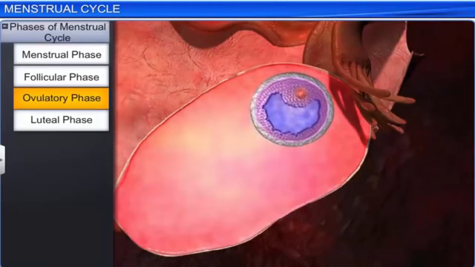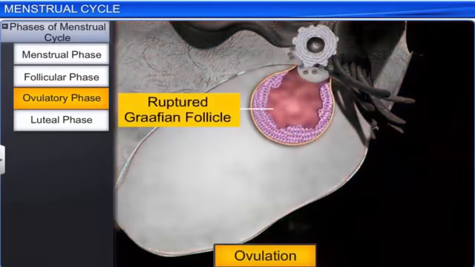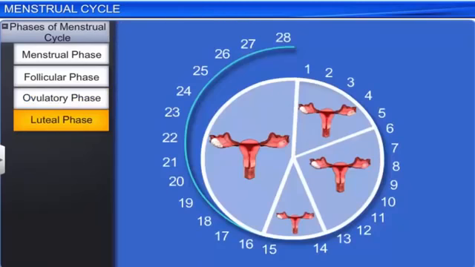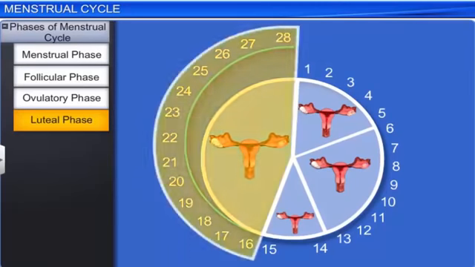During this phase, the Graafian follicle ruptures to release an ovum or egg cell into the pelvic cavity in a process called ovulation. The ovulatory phase is succeeded by the luteal or secretory phase, the last phase of the menstrual cycle, which occurs between days 16 and 28 of the menstrual cycle.